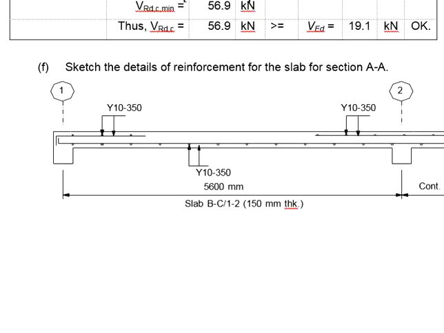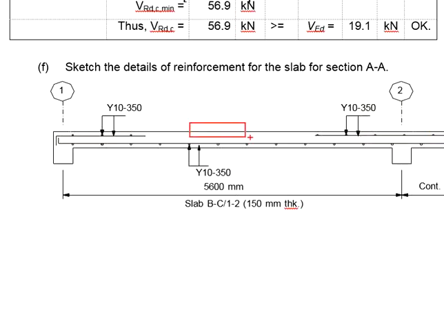You know that for a typical slab, you will need to provide reinforcement at the tension region in order to carry the moment. There shall also be reinforcement at the support, since there's going to be negative moment at the support.